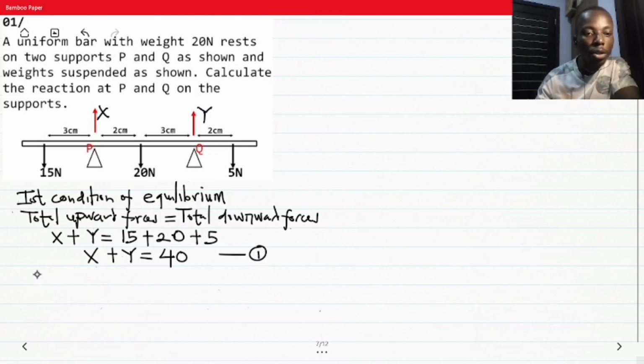So going on now, I will also need the second condition of equilibrium.